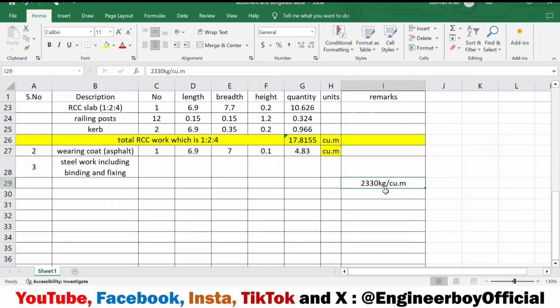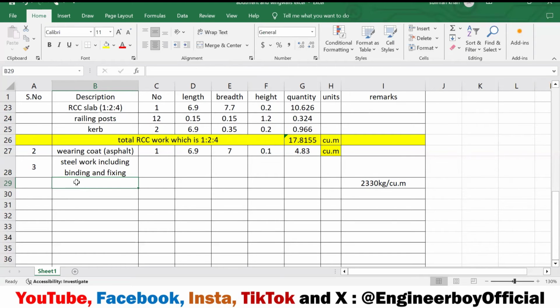It means compaction is already considered in the unit weight over here. So if compaction is considered in the unit weight, then why should I include the compaction factor in the height for the wearing course?